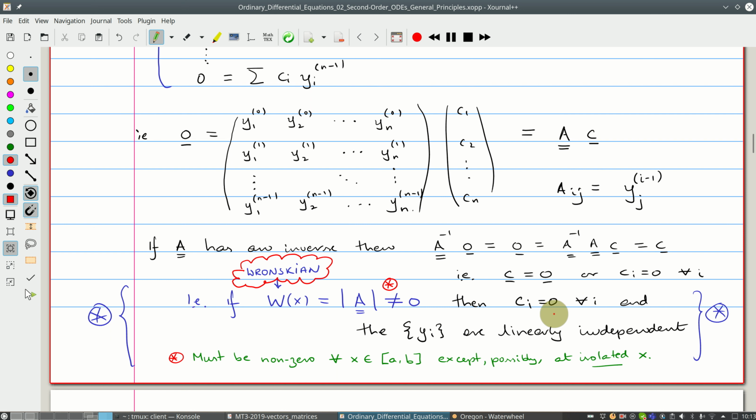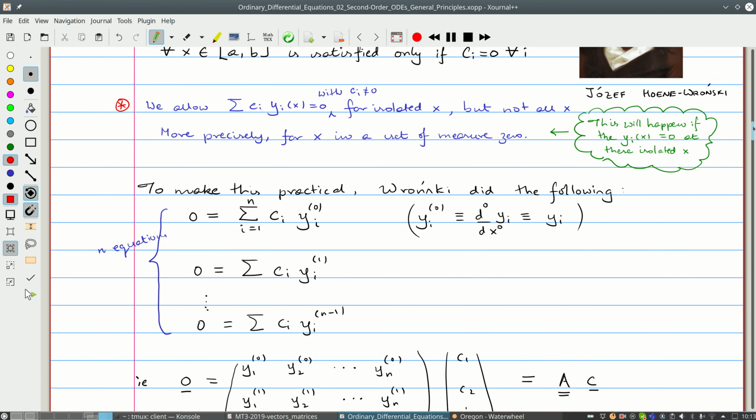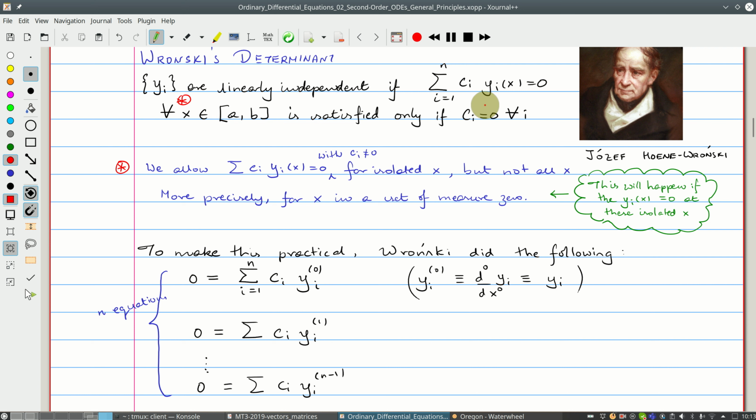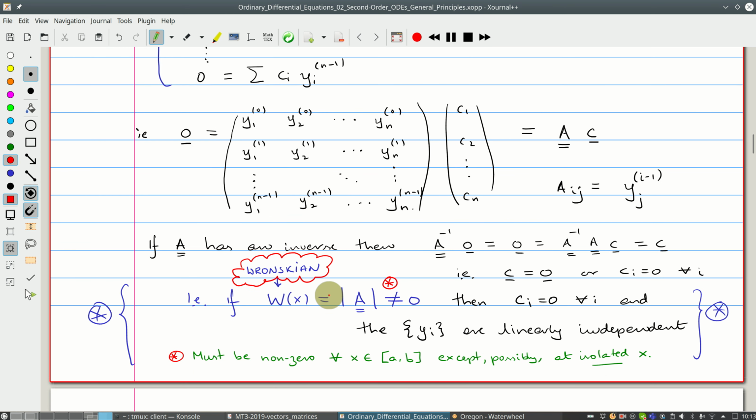And what this means is that the yi's are linearly independent, because that was what we had put down as our definition of linear independence. If the only solution is ci equal to 0 for all i, then this set of functions is linearly independent.